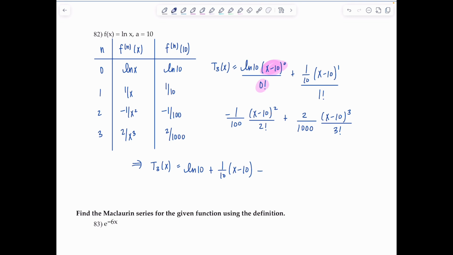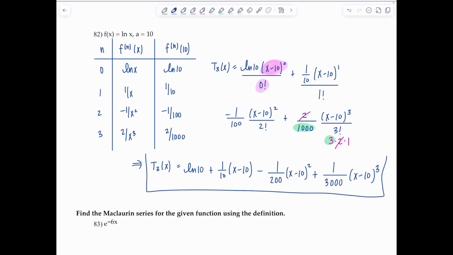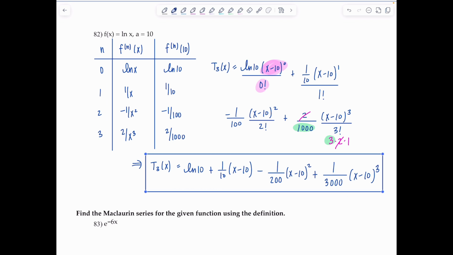So let me write 1 over 200 times x minus 10 squared plus, and then 3 factorial is 3 times 2 times 1. So this 2 cancels, and then I have 1,000 times 3 in the denominator. So that's going to be 1 over 3,000 times x minus 10 cubed. And that one's done. Super straightforward. If you remember the formula and you can take derivatives, you can do this.